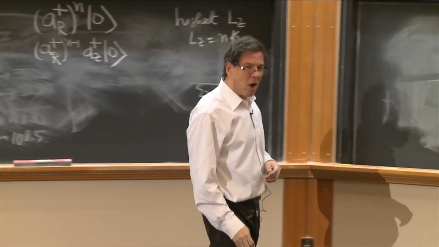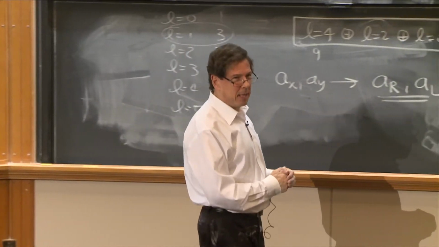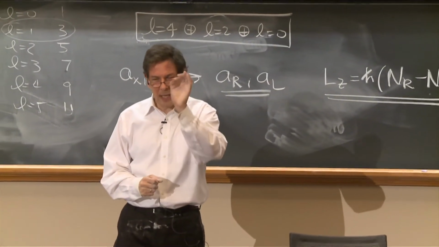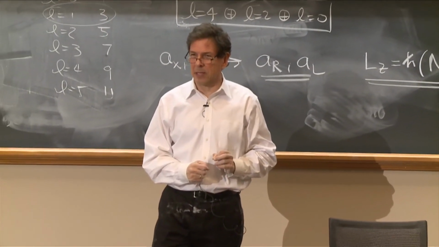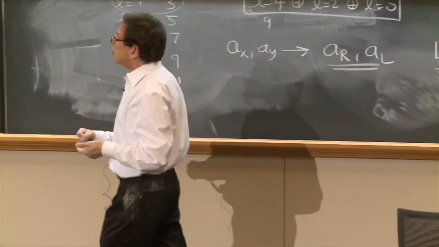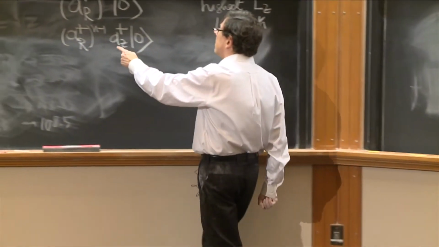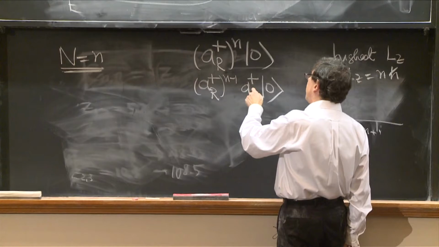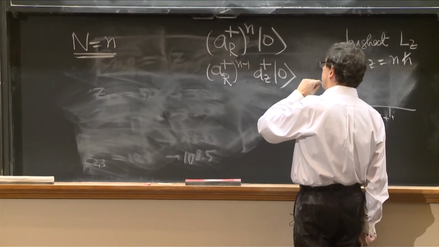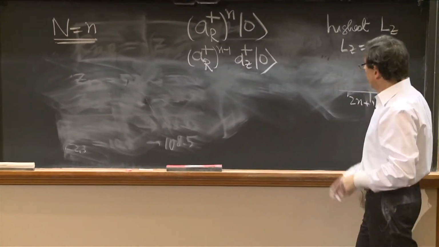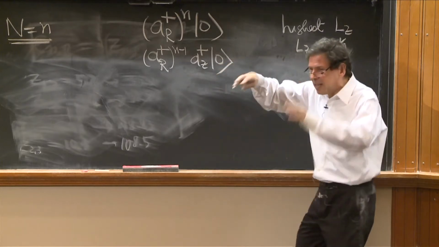I claim that's the only state that you can build with 1 unit less of angular momentum in the z direction, because I've traded this AR for an AZ. So this must be the second state in the multiplet.